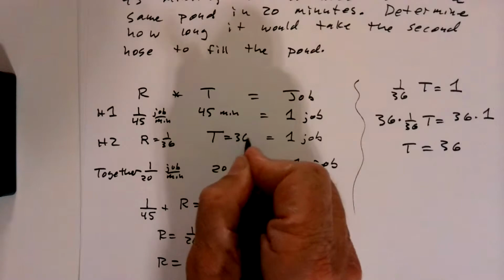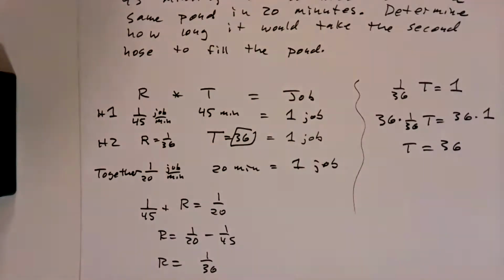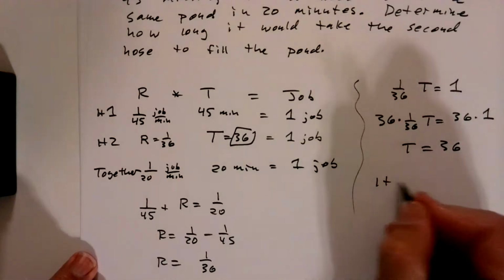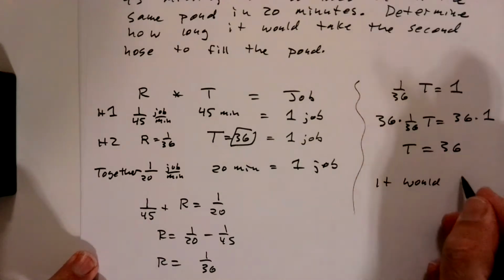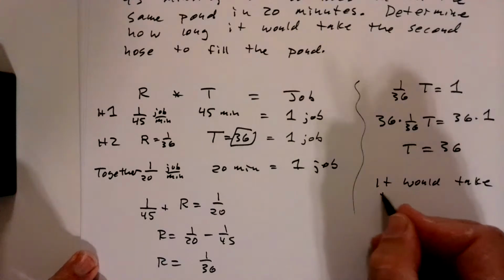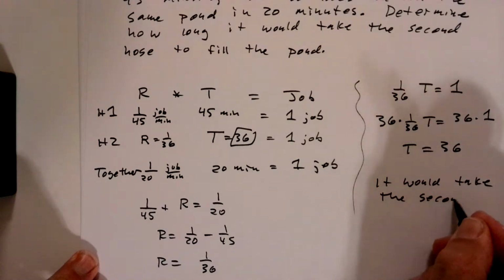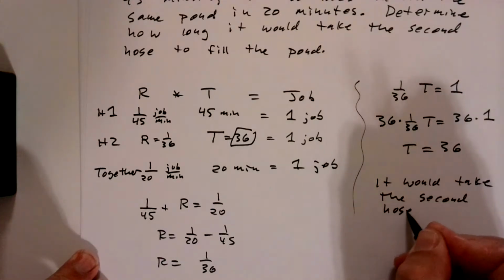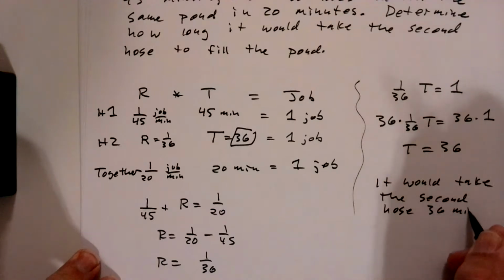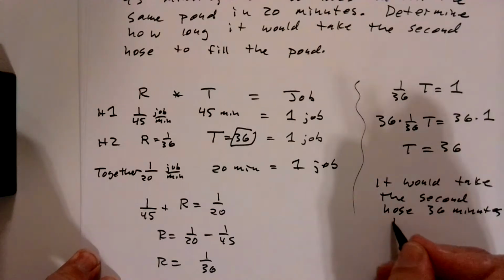How long would it take the second hose to fill the pond? It would take the second hose 36 minutes to fill the pond.